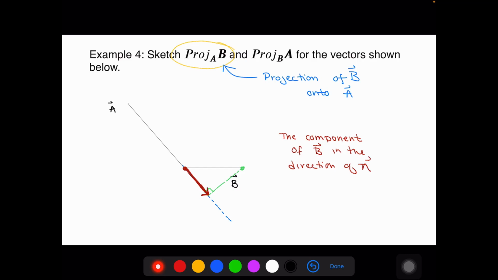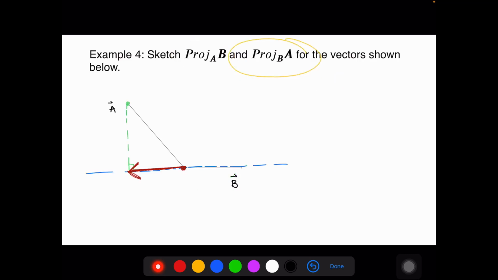So if we want to do it in the other order, the projection of A onto B, I'm going to do something similar. In blue there, I just extended the line for vector B. That's what I'm projecting onto. So I just extended that as far as I needed it.